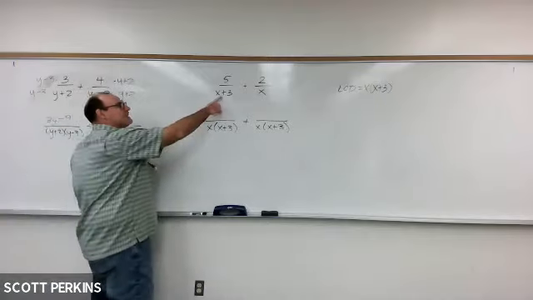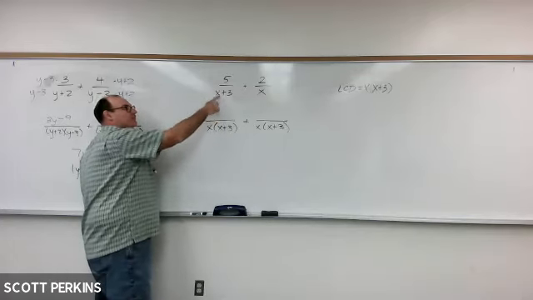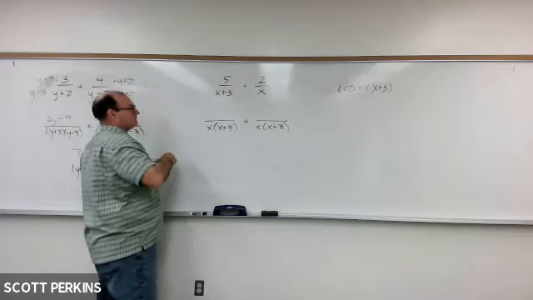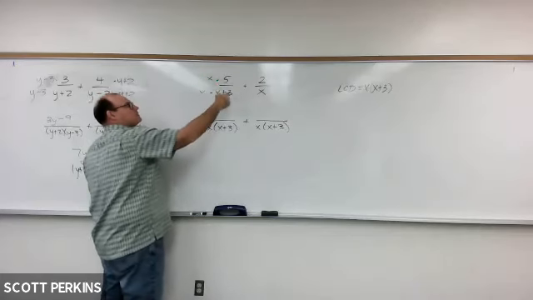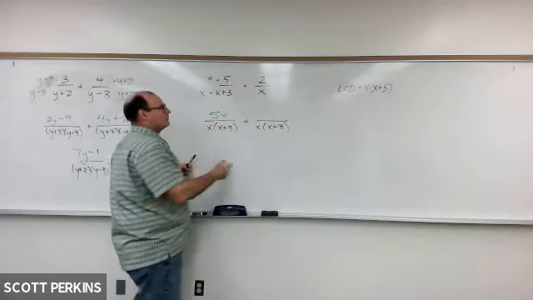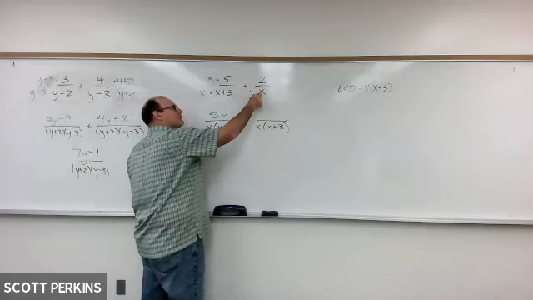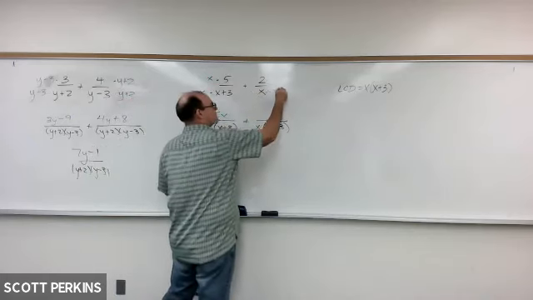As I go from this denominator to my common denominator, what's missing? What have I added? An x. So my new numerator becomes 5 times x, or 5x. How about from this one? What's different from the original denominator to the common denominator? X plus 3.